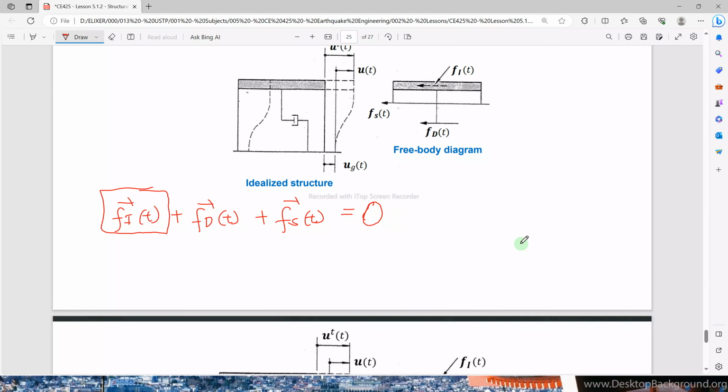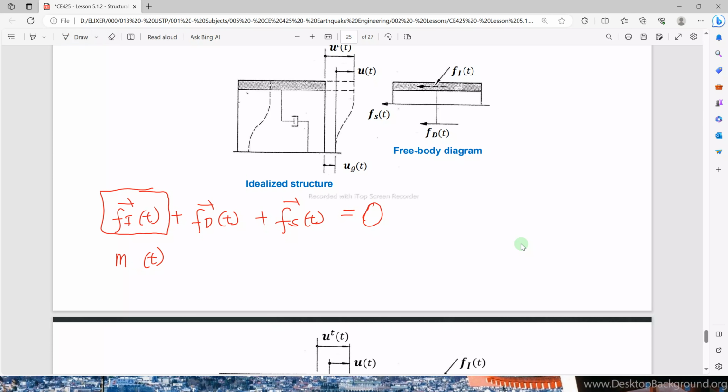So if we try to rewrite this one, so we will have negative m, or simply m na lang, we have mass times the acceleration, u double dot of t.